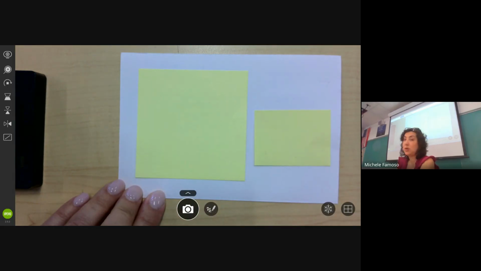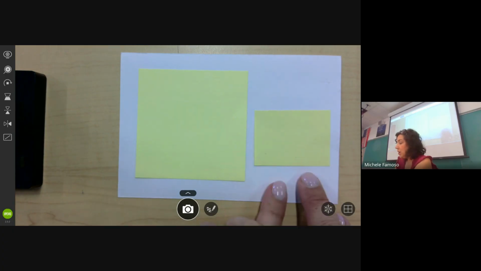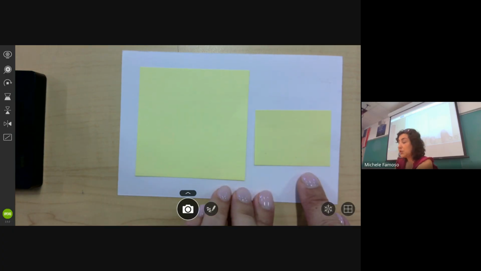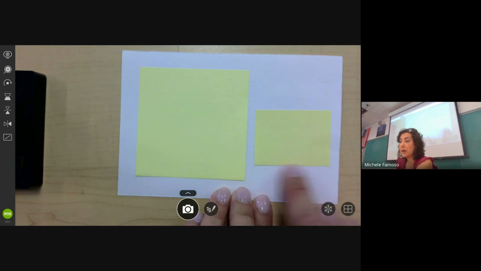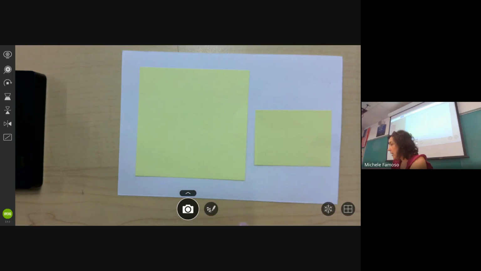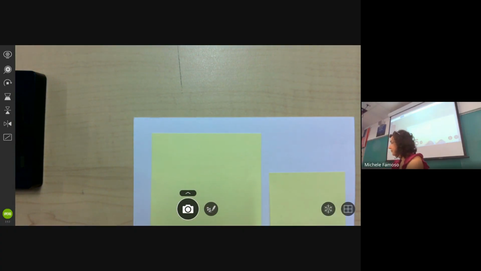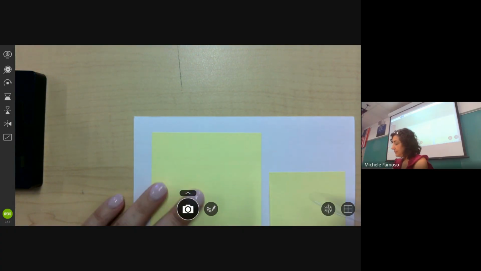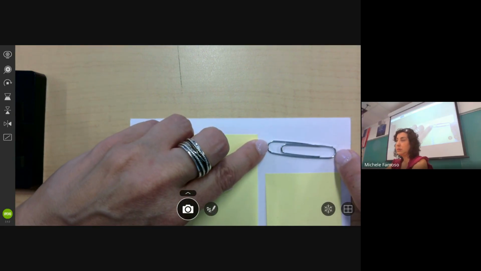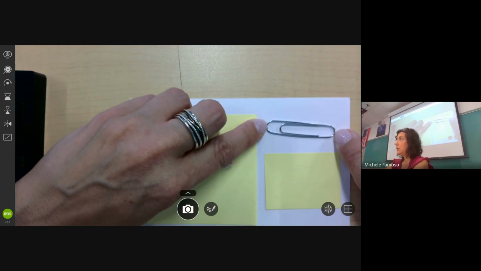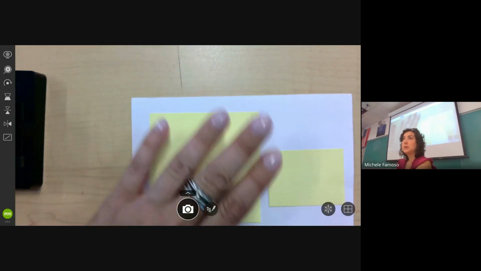All four sides are equal length. The small Post-it, again, is a rectangle, so you need to measure the long edge, either the top or the bottom edge. And your paper clip, what the heck just happened to my paper clip? When I'm talking about its length, you're talking about it from here to here, in between my fingers. Okay? That's the length. Questions?